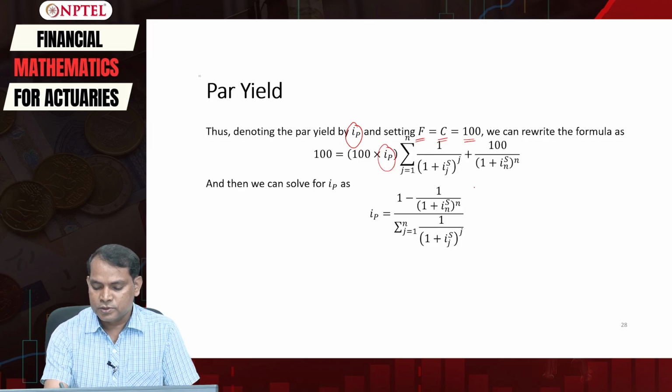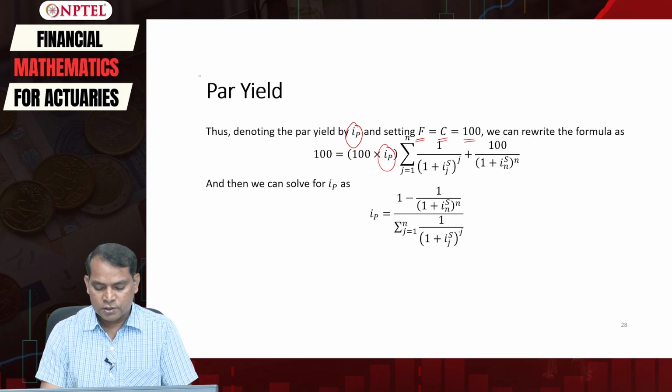This can also be written as 1 minus (1 plus i_n) s to the power minus n, the whole divided by the summation of (1 plus i_j) s to the power minus j, in this way.